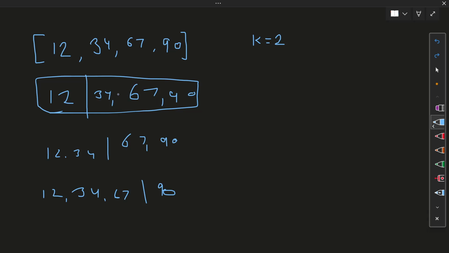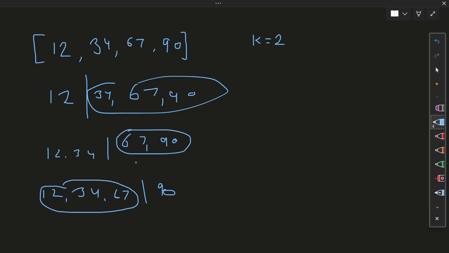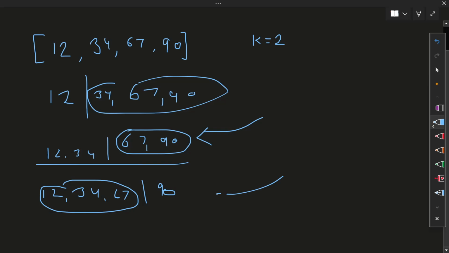In this allocation, we need to find the maximum value, the maximum is this. In this, the maximum is this, and after finding the maximum we need to find the minimum value. So I think the minimum answer is this. If we divide into 2 and 2 portions, no, the minimum is this, so this is smaller, the answer is this allocation. So we need to find the minimum after finding the maximum.